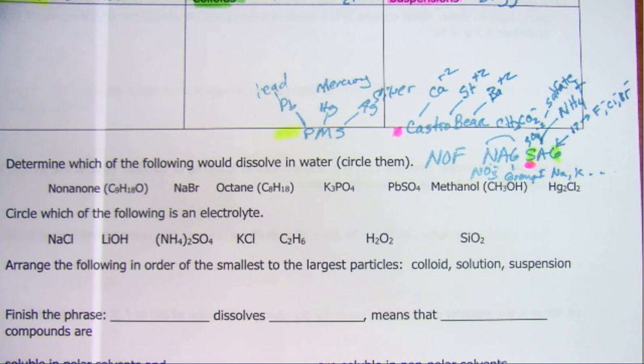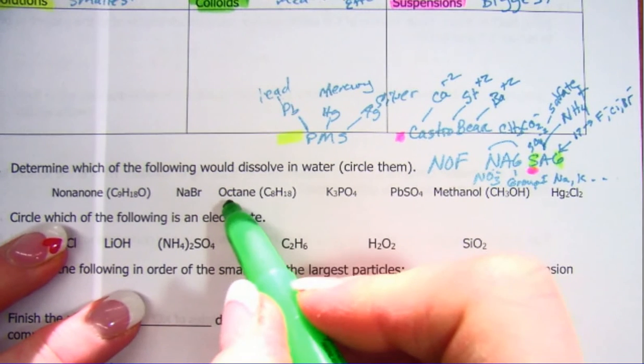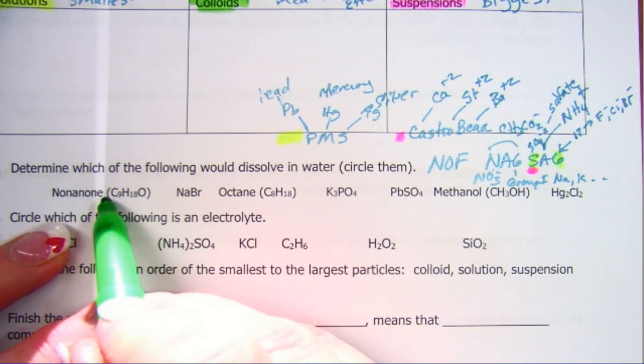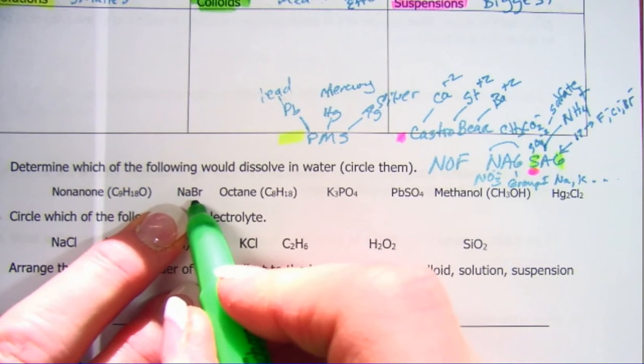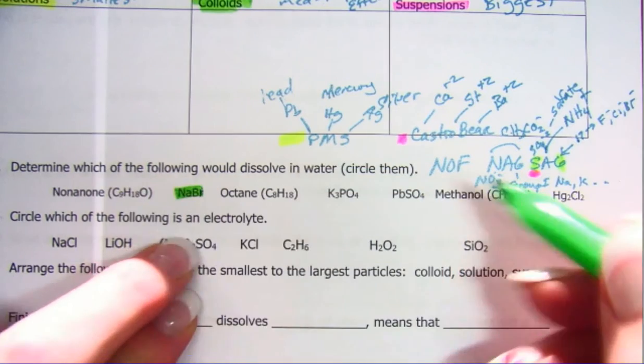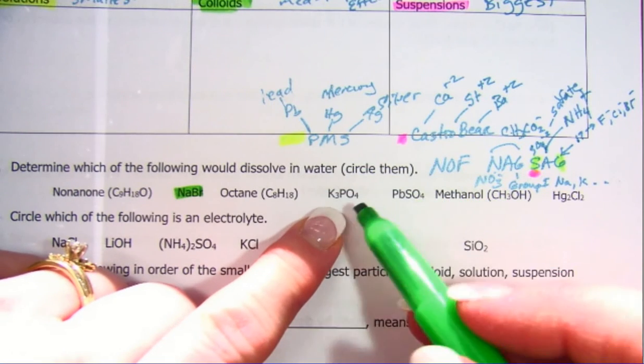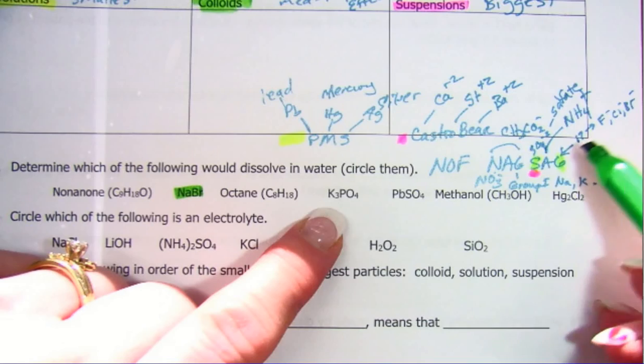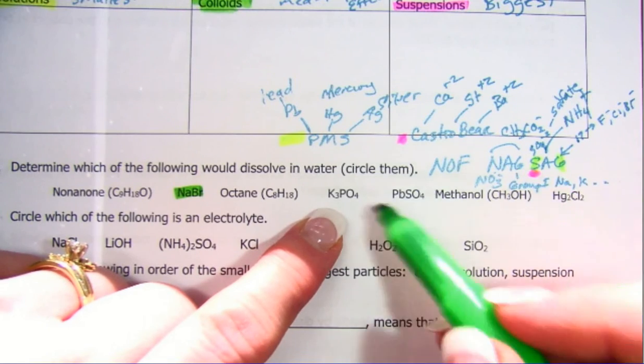Anytime we end up with a carbon compound like this, it's not going to dissolve in water. Na is a group 1 metal. That's going to be soluble. K3PO4 is also a group 1 metal, so it is soluble.